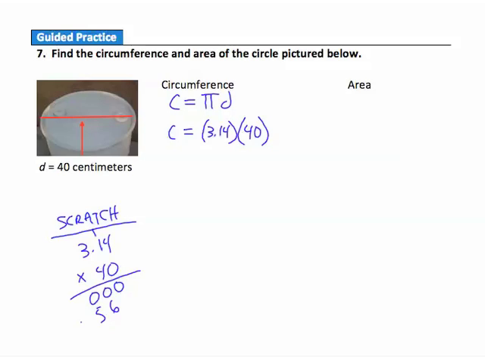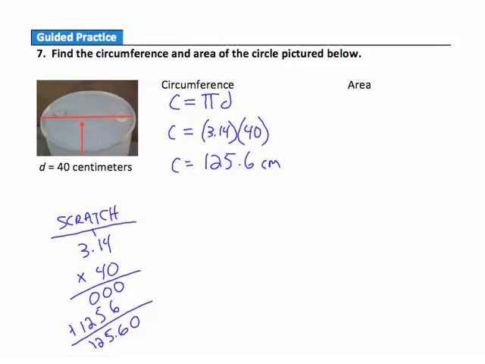And then 4 times 3 is 12. Add that up. Now there were 2 digits behind the decimal in my problem, so I need 2 behind in the answer. So it looks like the circumference of the circle is 125.6. And notice that's measured in centimeters, so I want to write centimeters at the end of my answer there.